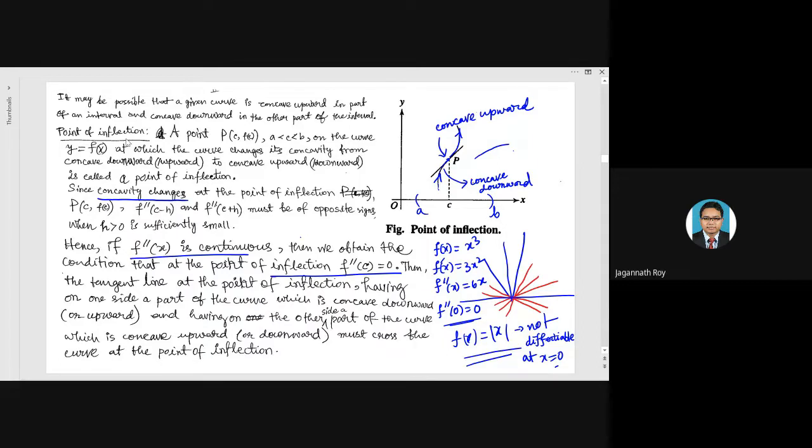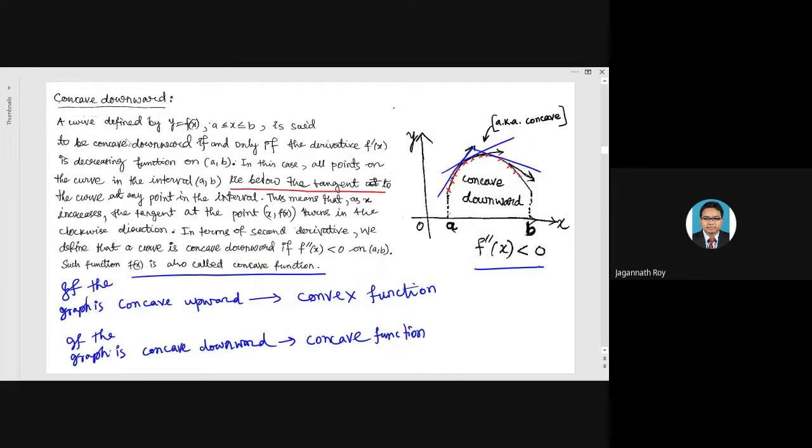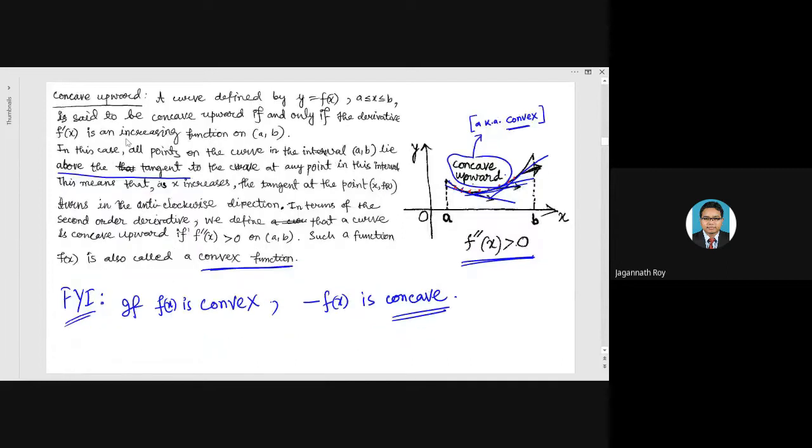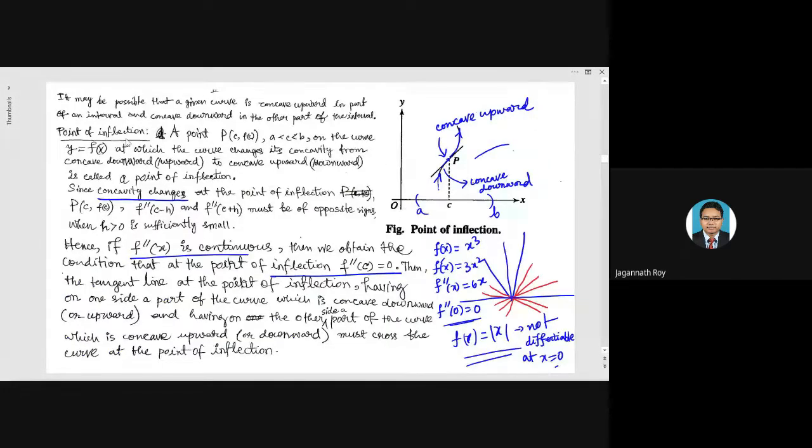Earlier, what we have seen, either it is negative or it will be positive. But if we have 0 at that point for the point of inflection, geometrically the concavity will change its direction. One will be concave downward, another will be concave upward. So that is the meaning of inflection point.